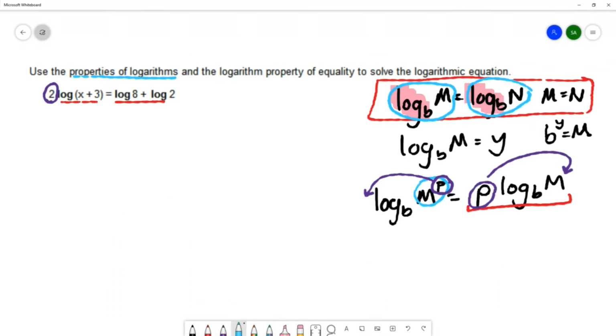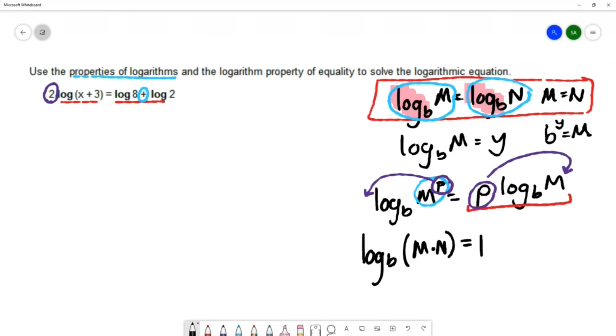On the other side of the equation, I notice I have addition here. And we're going to use a property called the product rule for logarithms. And the product rule for logarithms has log base b of m times n. So we have a product within our log.